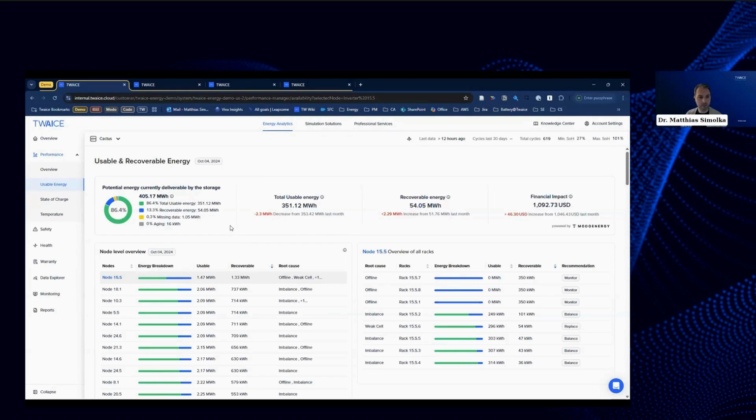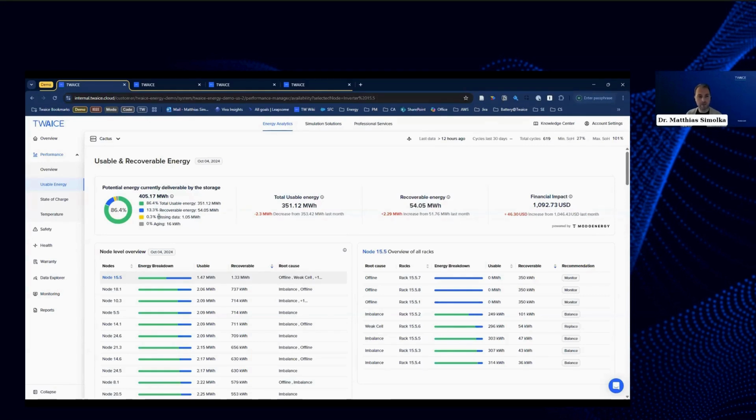And so when you look at the recoverable and usable energy, you see you have your 405 megawatt hours here. But ultimately, you only have a bit more than 350 megawatt hours total usable energy really available, because 55 megawatt hours, you can see them here as well, are not available but can be recovered by corrective actions.